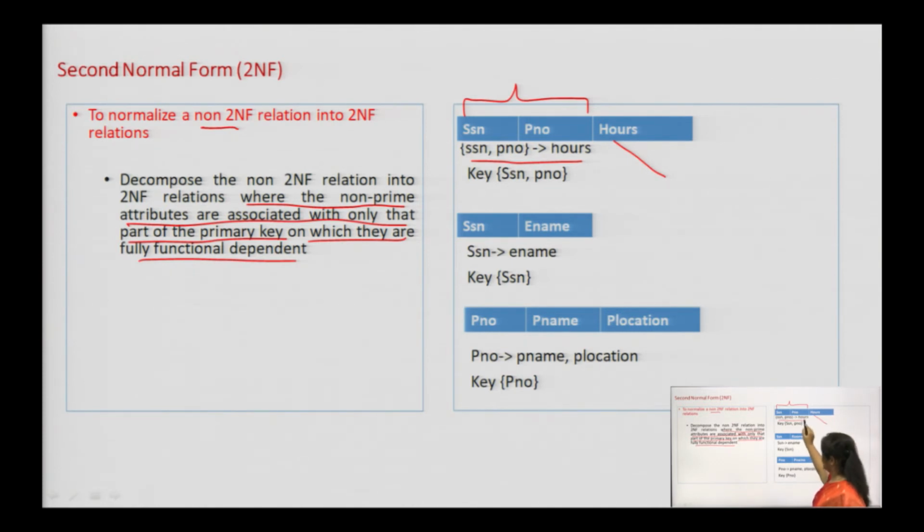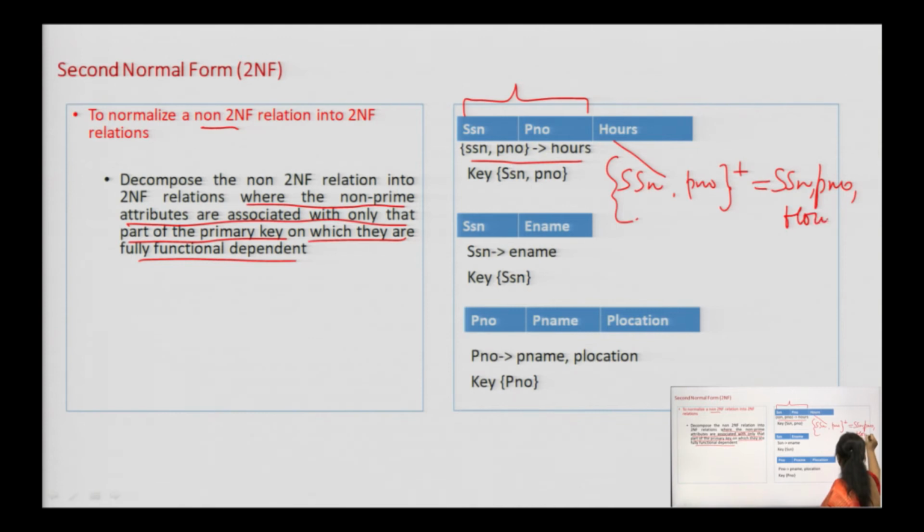If we try to find out the key, SSN PNO closure will be equal to SSN PNO R's, which is equal to the relation, hence the key is SSN PNO. Over here E name is fully functionally dependent on SSN. So, we form the decomposition SSN E name with the dependency SSN to E name and the key SSN.